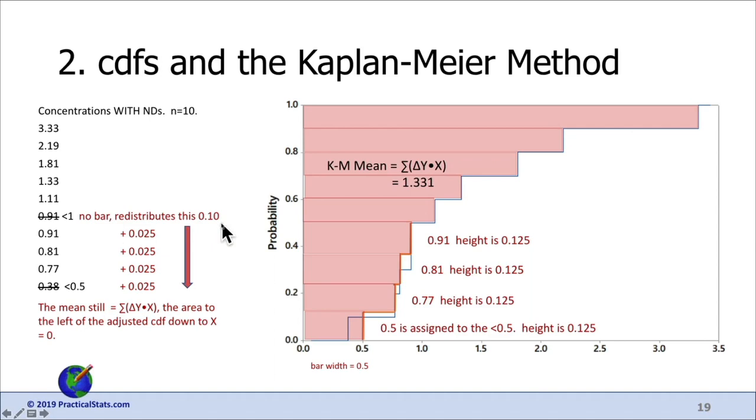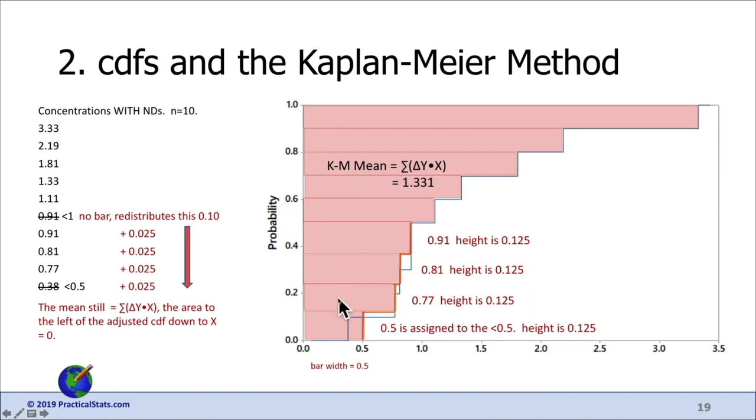So what do? This value that was 0.1 representing the weight, the information that's in this less than 1 now is going to be redistributed down to the detected values and the lowest non-detect further down. And that will happen for each of the detection limits. So this bar, which represents the detected 0.91, has a height of 0.125 now, not 0.10. The 0.81 has a height of 0.125.